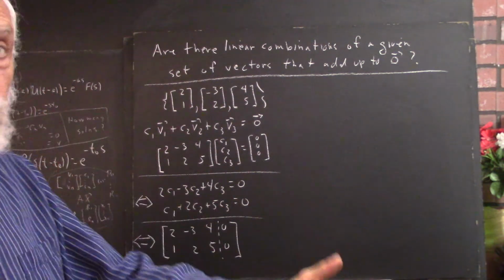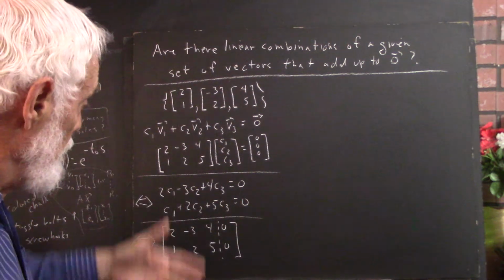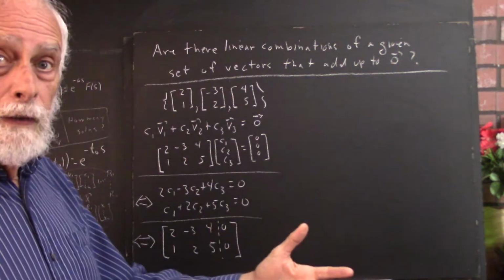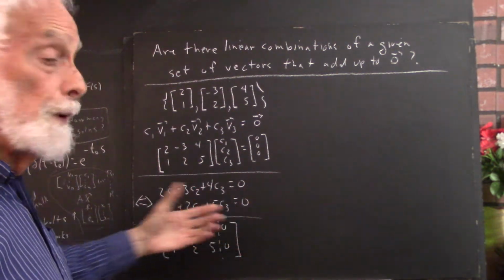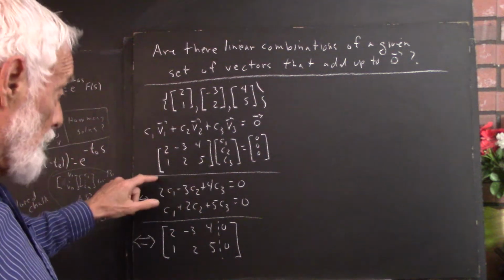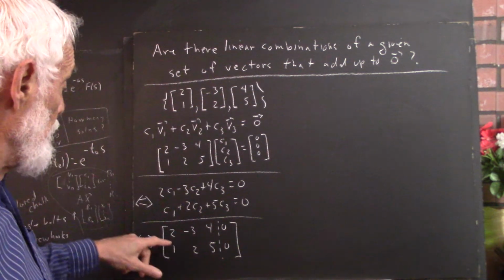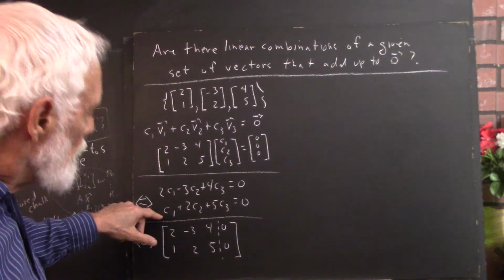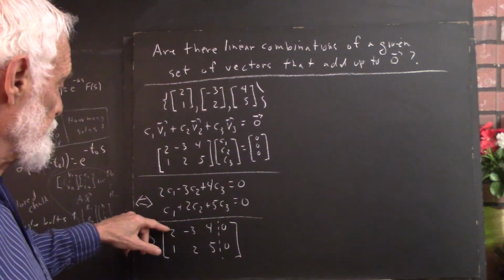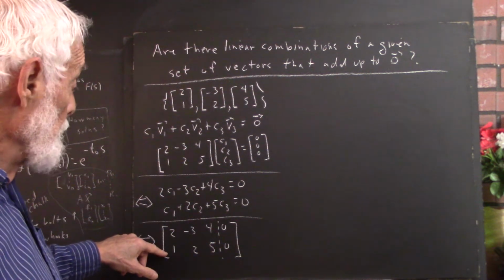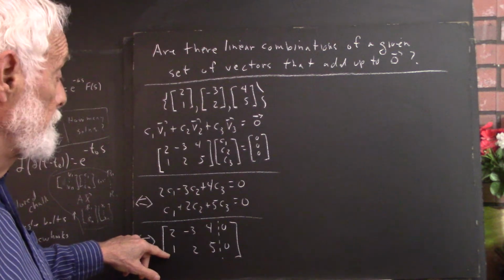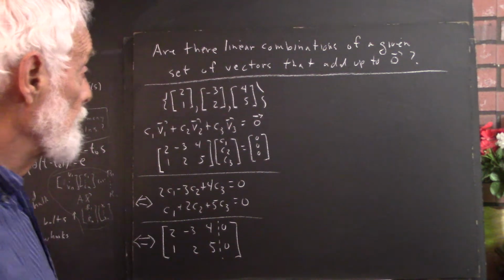And that equation is going to have a free variable. And since that equation will have a free variable, we see that there are going to be solutions. But that's one way to look at it. We could do that by elimination. We can do the same thing by row operations on this matrix.